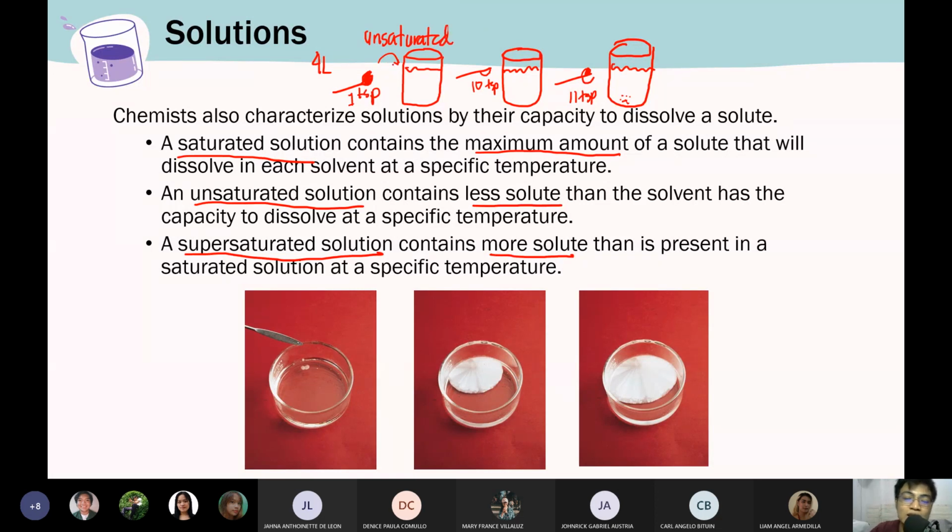Ayun yung kanina na 1 teaspoon lang. Because you just added few amounts of solute eh. Your solvent is capable of dissolving more. Kaya pa niya tunawin yung asukal. So basically, that's unsaturated. Okay? Or in the context of taste, ito yung mga matatabang pa kasi kulang pa ng asukal.